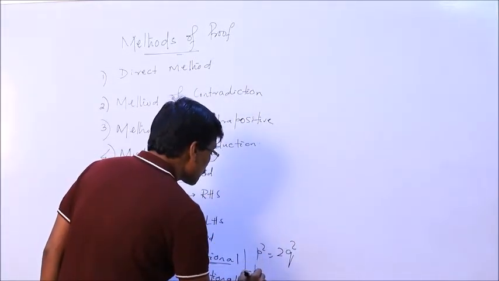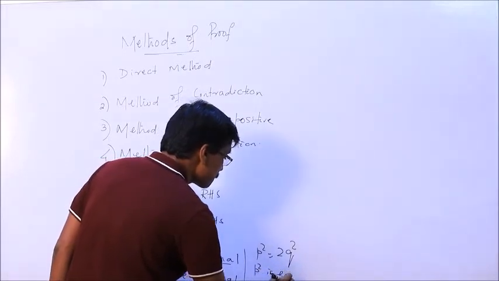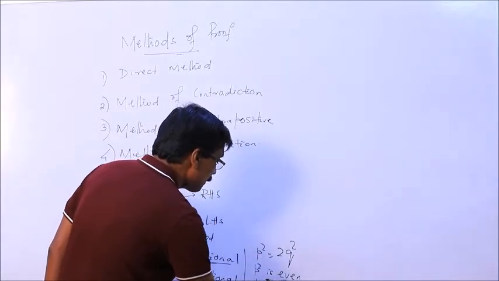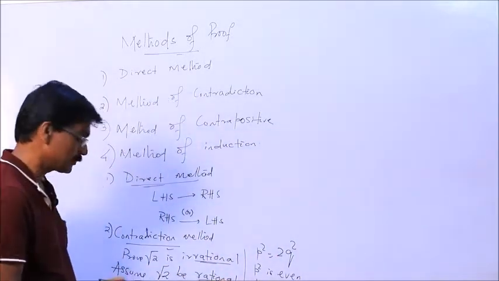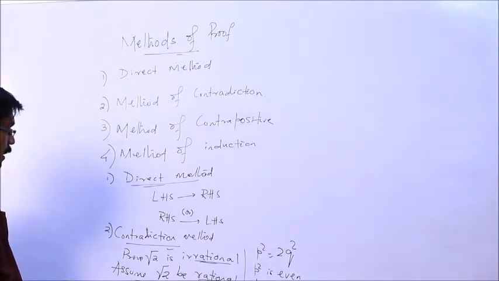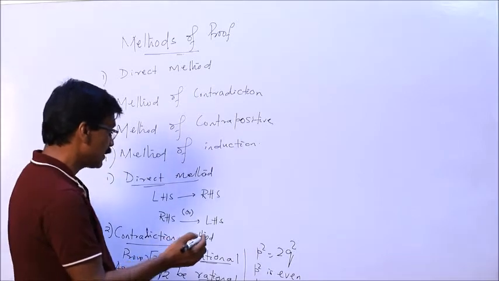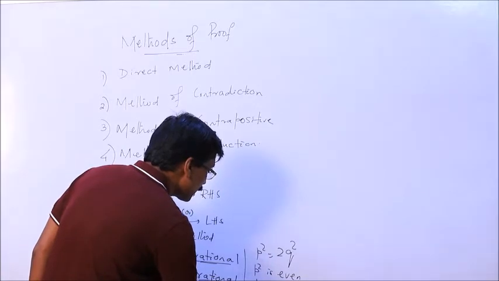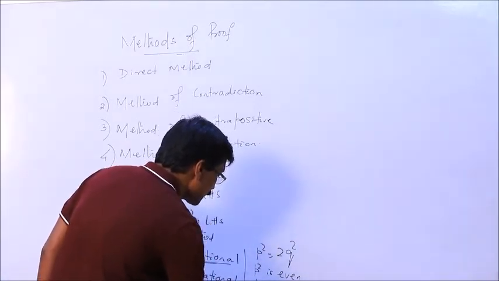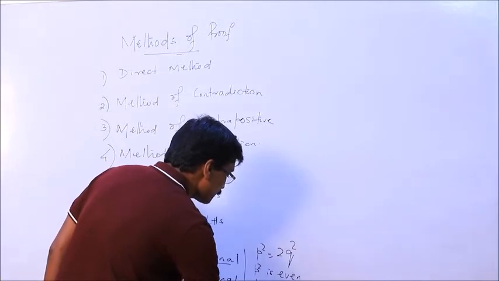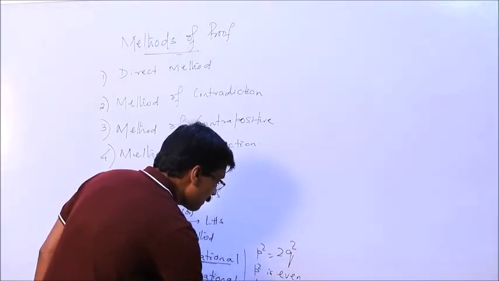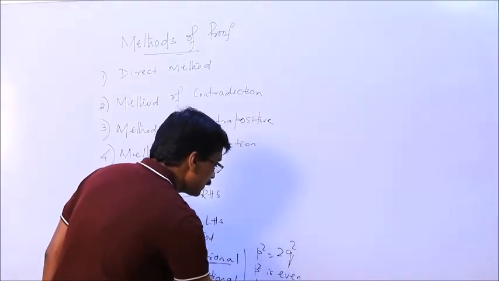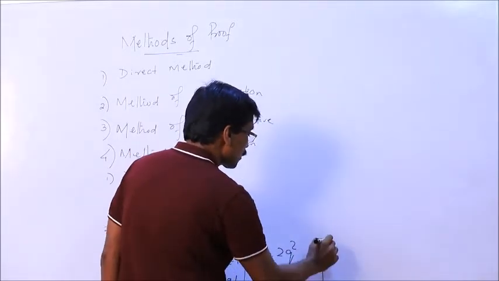So p square is even, then p is even, and if p is even, then p is equal to 2k. So 4k square is equal to 2q square, q square is equal to 2k square. So q square is even, so q is even.